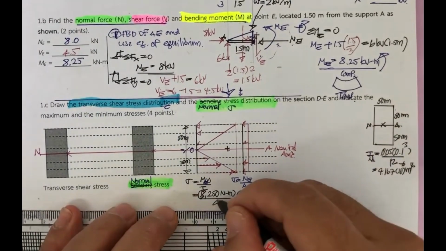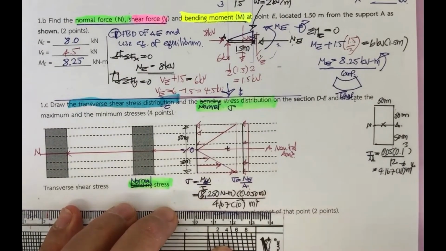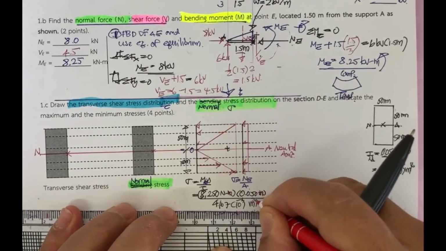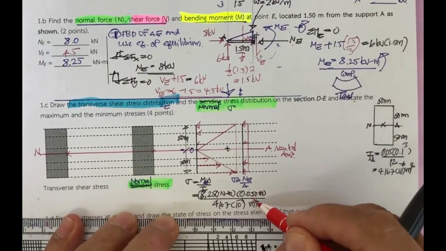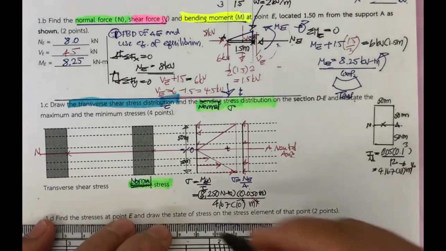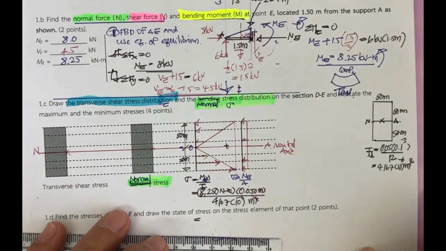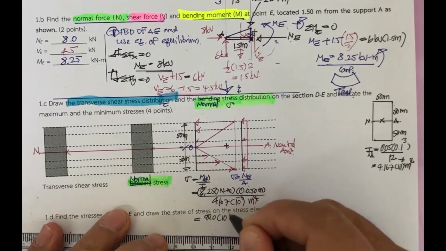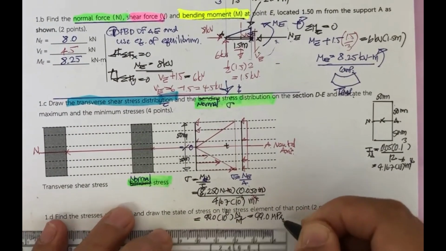So meter to the power 4 changes to power 2. That is going to be Newton per meter squared. If you put this together, you may get 99.0 times 10 to the power 6 Newton per square meter, or 99.0 megapascal.